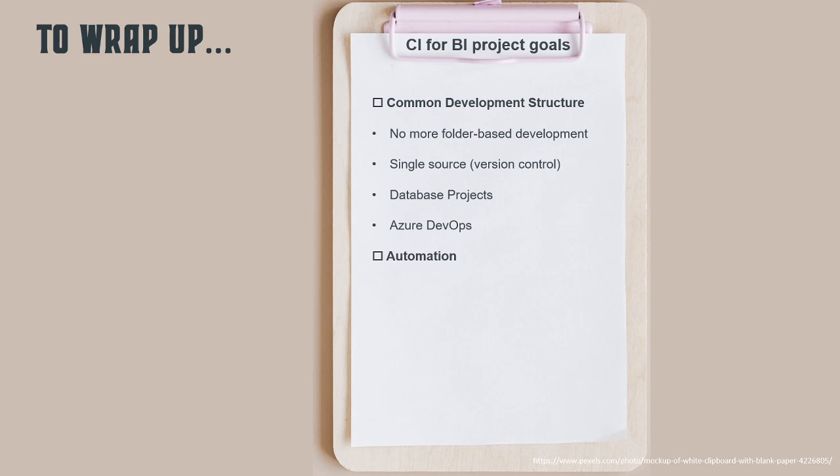Automation, another thing: to build reproducible and repeatable processes, we used Azure DevOps pipelines. We used the concept of continuous integration and continuous deployment to fetch the current version, to build it, to validate it. You can even add unit testing in that process, and afterwards deploy it to the appropriate environment.